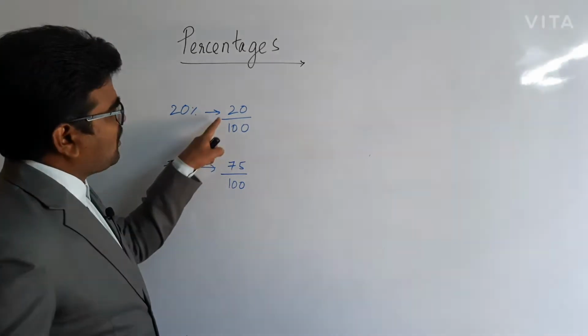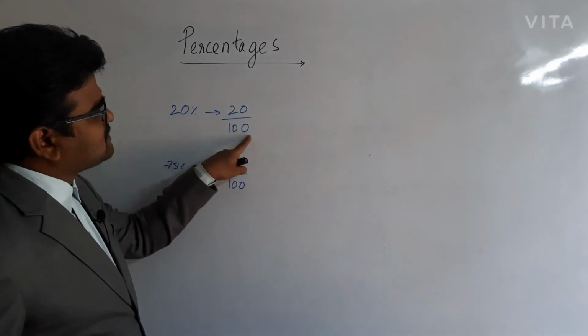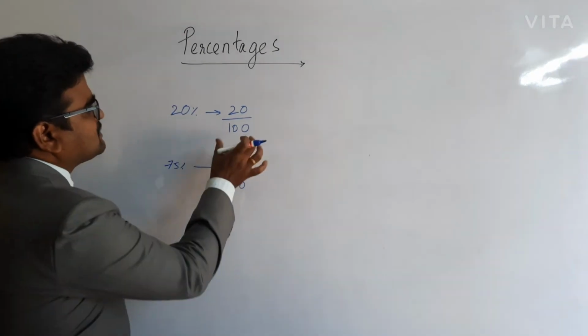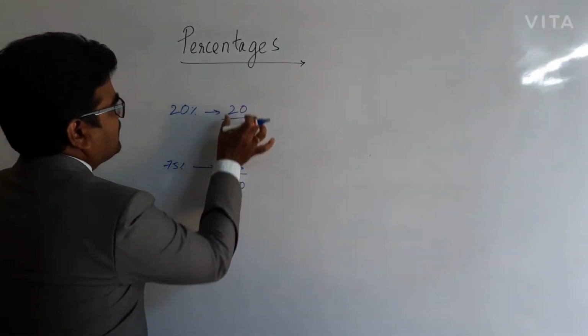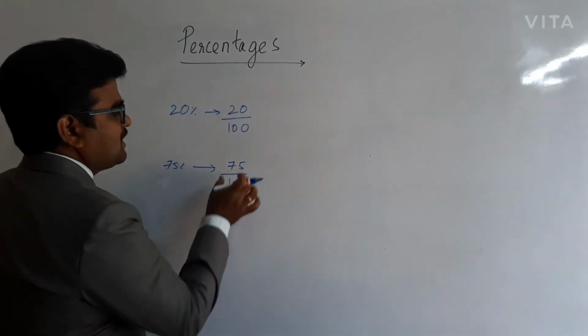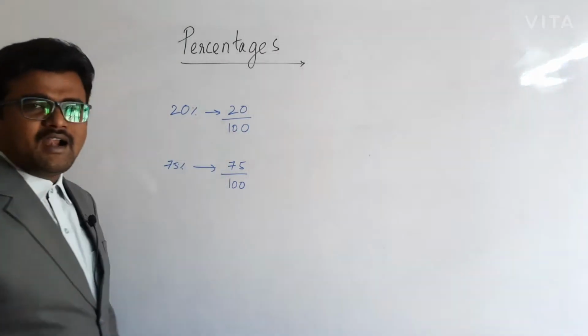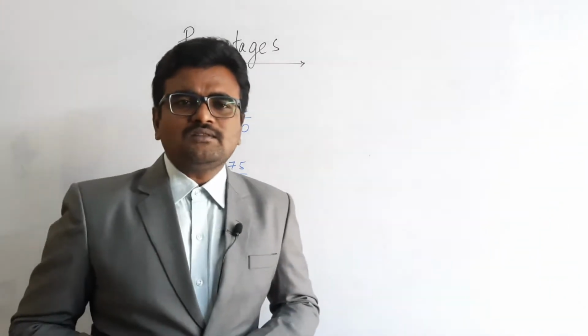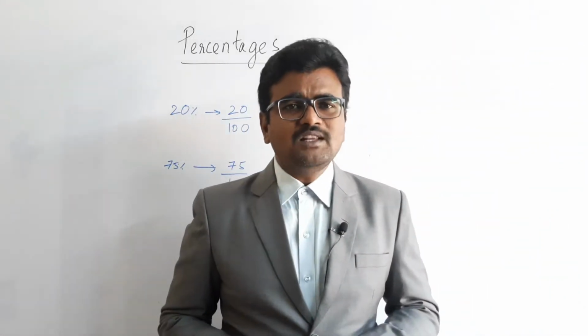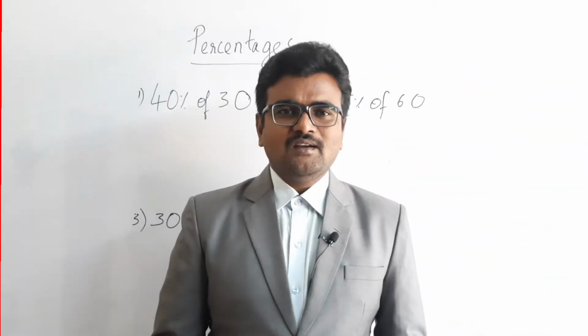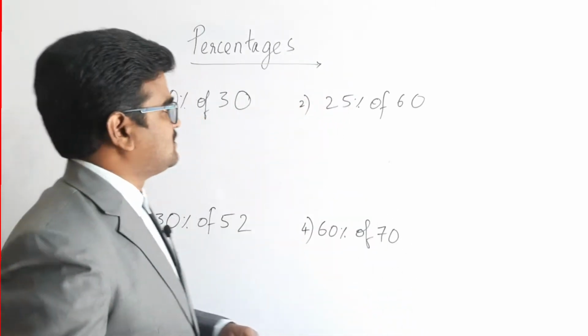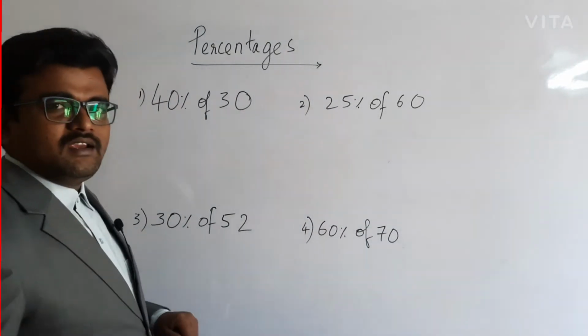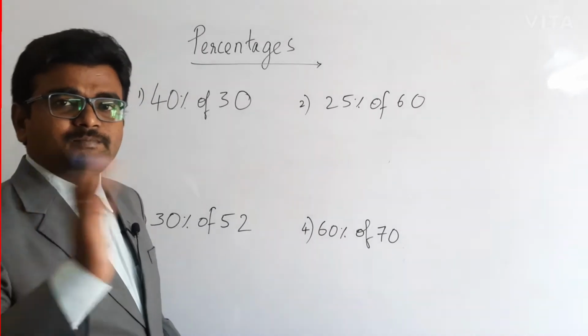The 100 is the whole, which means you got 20 out of 100 and you got 75 out of 100. Now let's see how to solve these problems in the traditional manner and in the smarter way.